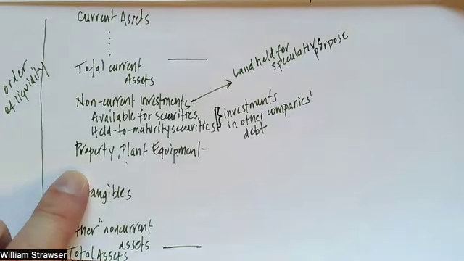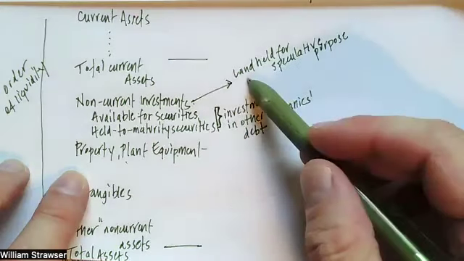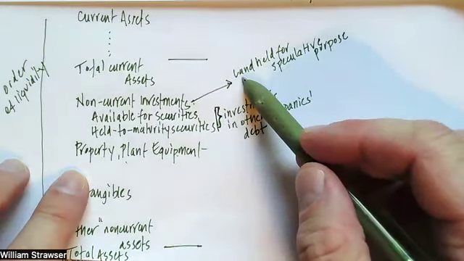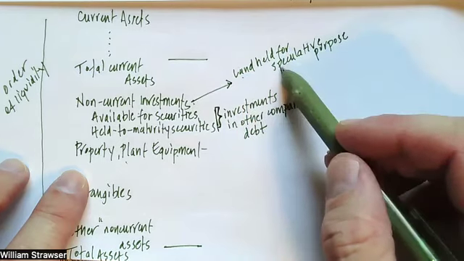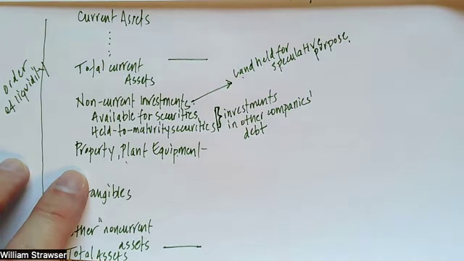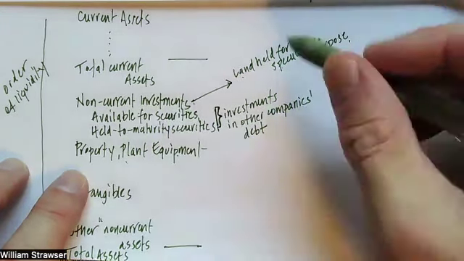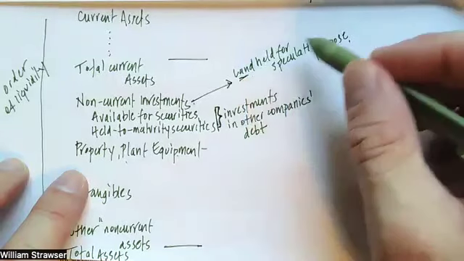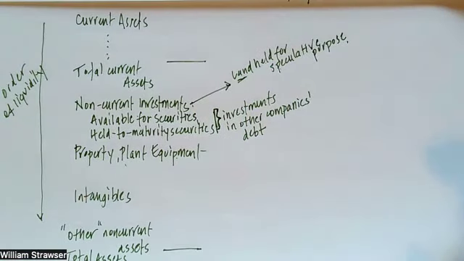No, we bought this land because we have a hope or an expectation that its value will increase over time, and then we could offload it and sell it just like an investment, right? So that is a special type of land that is not PP&E.